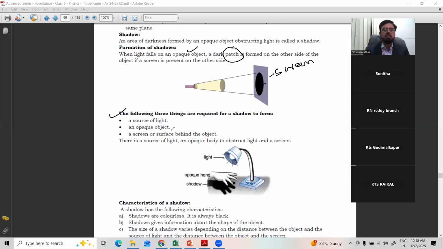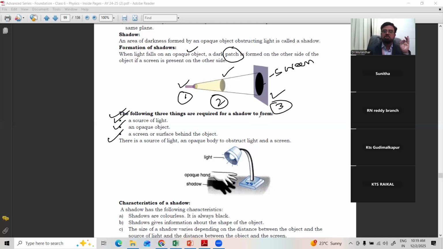See here. The following are the three things required for a shadow to form. One is a source of light, like a torchlight. Second is an opaque object, either wood or iron or metal. Third is a screen or a surface behind the object. These three are compulsory for the formation of shadow.